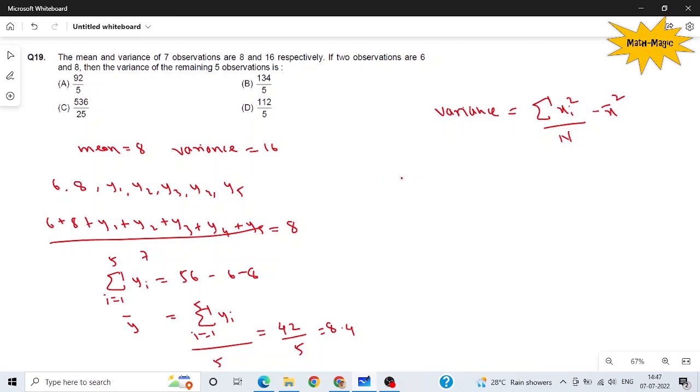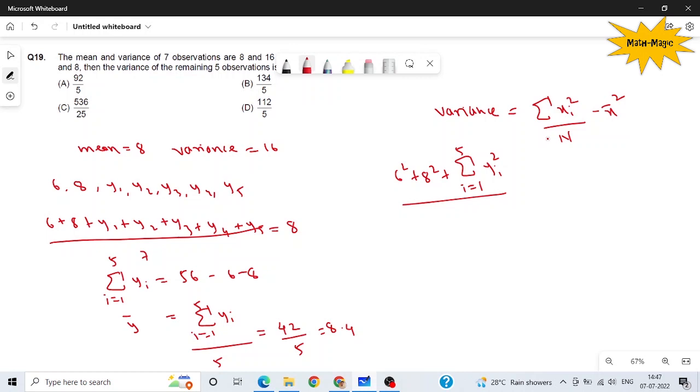As per the variance formula, we have (6 square plus 8 square plus the summation of i equals 1 up to 5 of yi square) upon capital N, where N is 7, minus x bar square, where the mean of the 7 values is 8, so we have 64 here. This is equal to the variance given, which is 16, the variance of the 7 values.